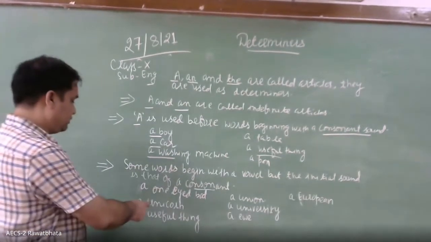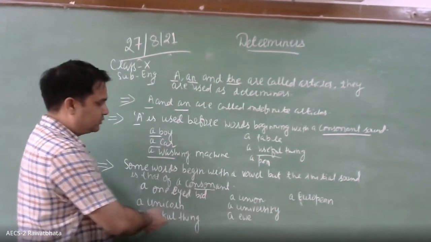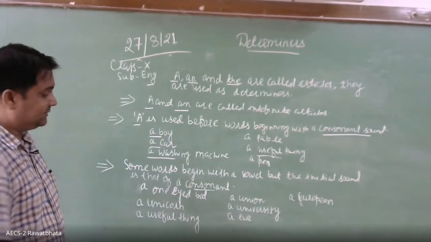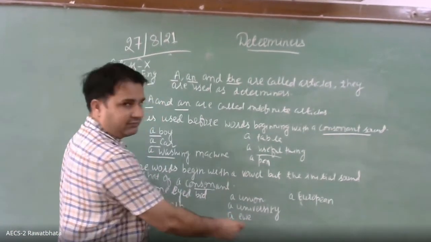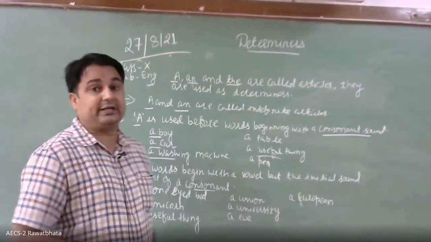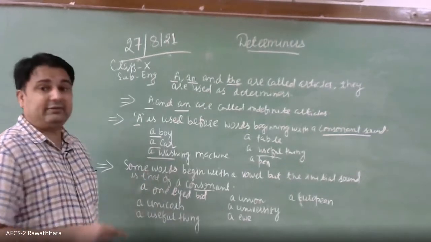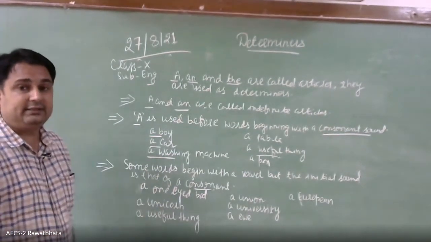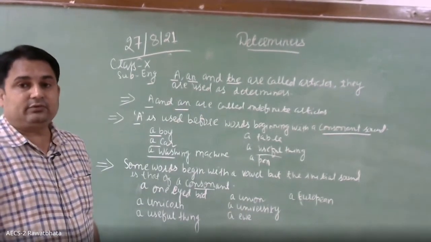So a unicorn, a useful thing, a union, a university, a European. A will be used. So you write this, then we will proceed to the next. All of you write it.